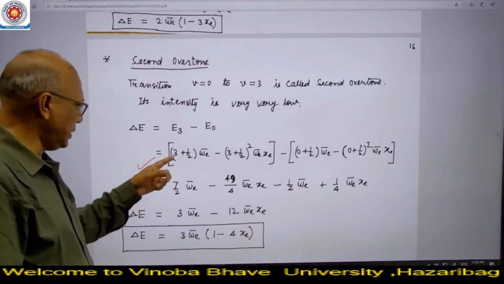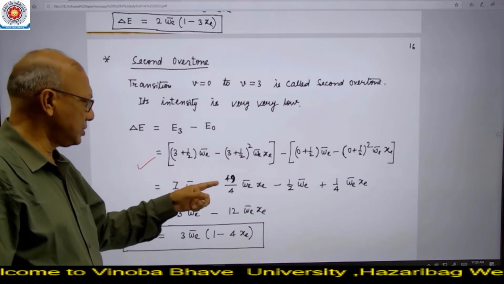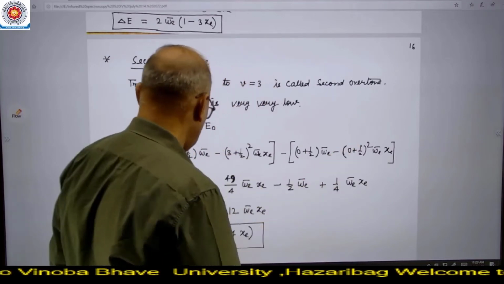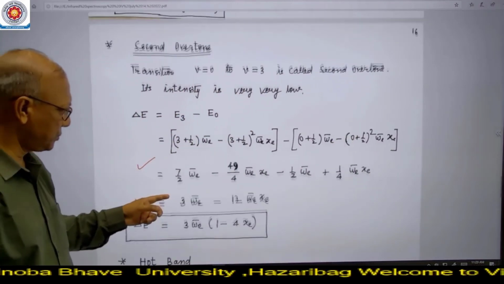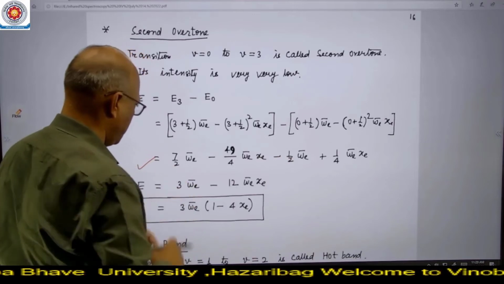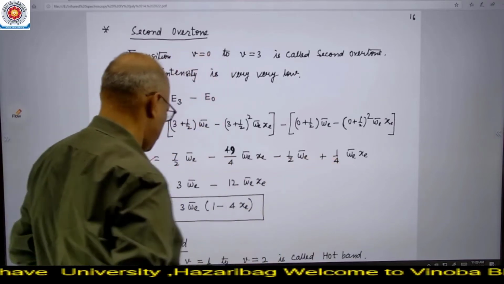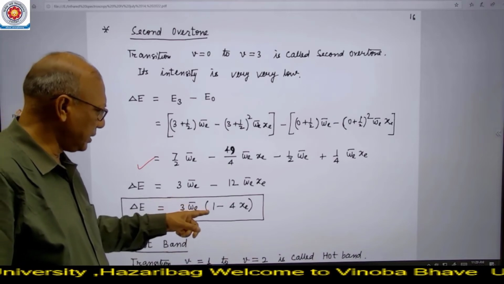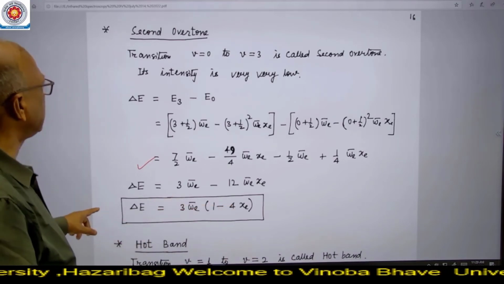After simplification, it becomes 7 by 2, 49 by 4, 1 by 2 and 1 by 4. After simplification, these two give 3 and these two give 12. Now taking common 3 omega E bar, it becomes 1 minus 4 Xe.